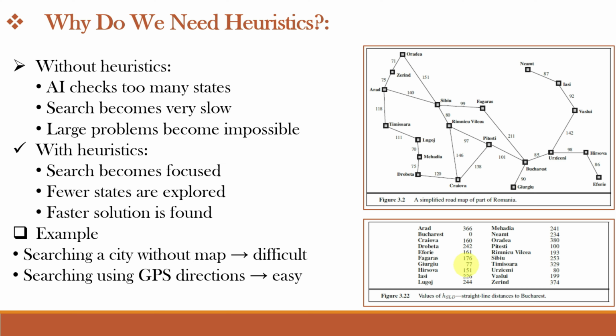But with heuristics, the algorithm uses the h(n) value shown in this table and focuses on the cities that look closer to Bucharest. This reduces the number of explored states and helps find the solution much faster. Just like GPS helps us reach a destination easily, heuristic functions guide AI in the correct direction.